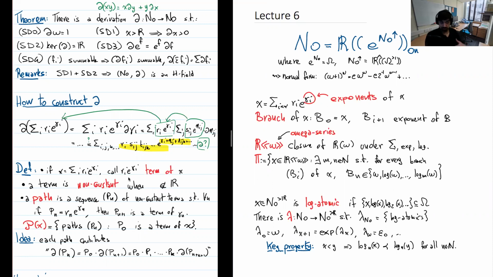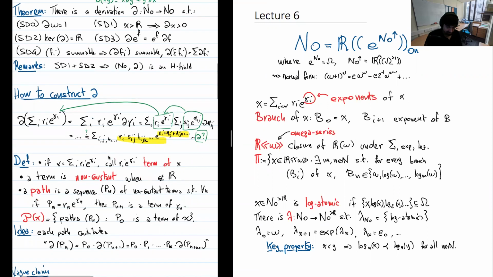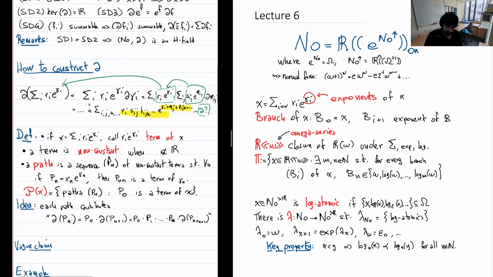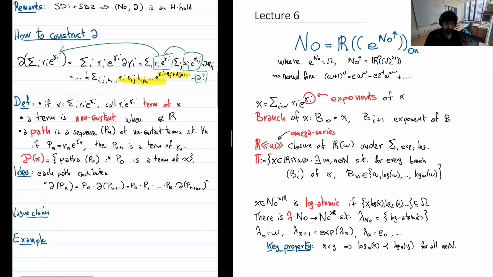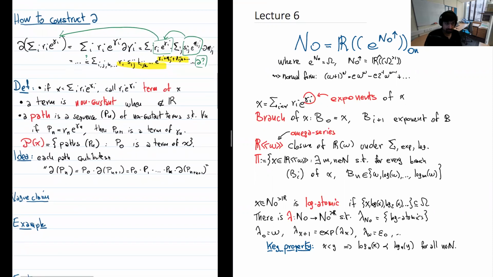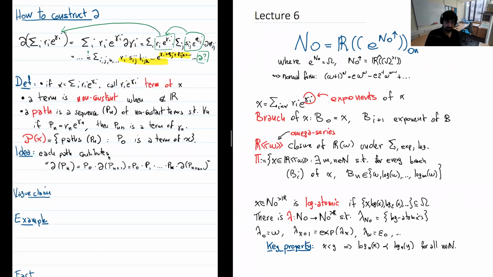Okay, so let's start now from here. We want to construct the derivation by looking at the contributions of all paths. And I was saying there is a problem right here. You keep digging into the exponents. Well, at some point you need to stop, you need to decide what to do. I'm going to give you a vague claim for now.